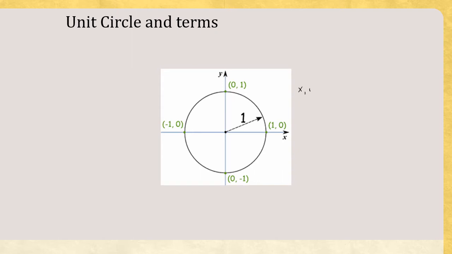You can actually express any of those coordinates with cos and sine. So we can write any coordinate along the unit circle as (cos theta, sine theta). And if you're not sure what theta is, it's just a Greek symbol for angle.